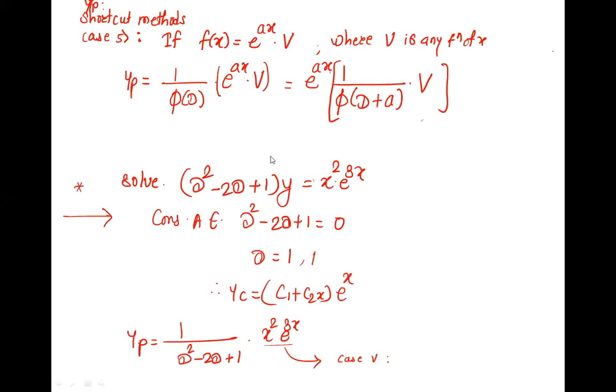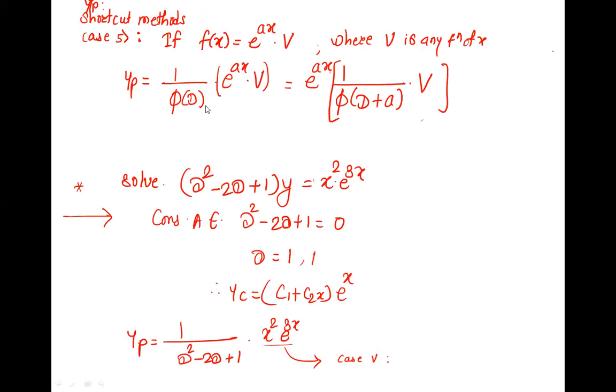YP is 1 upon the operator into e raised to 3x into x square. I am writing e first. So this is case 5: e raised to ax into v. What does this case say? Take common e raised to 3x out. Add 3 to every D in the denominator, like D is now D plus a everywhere.